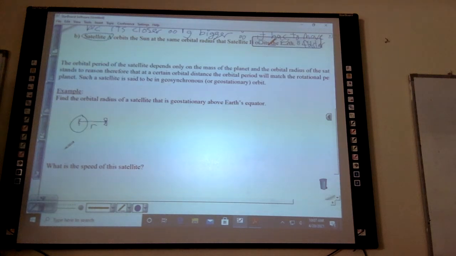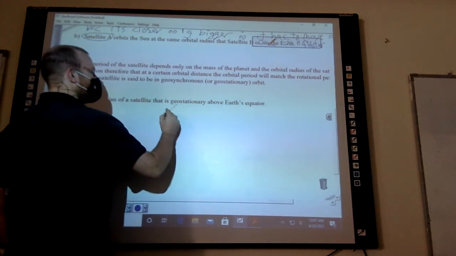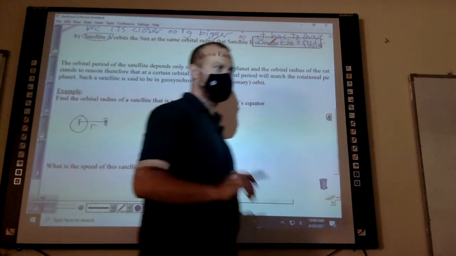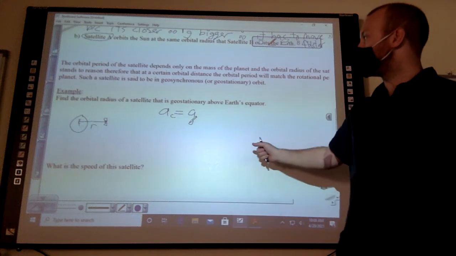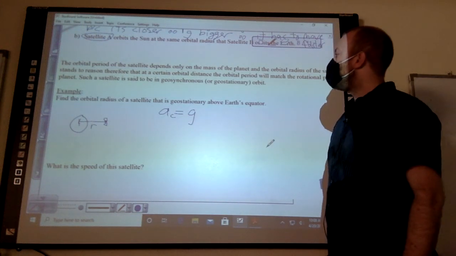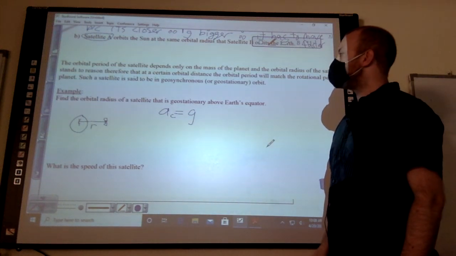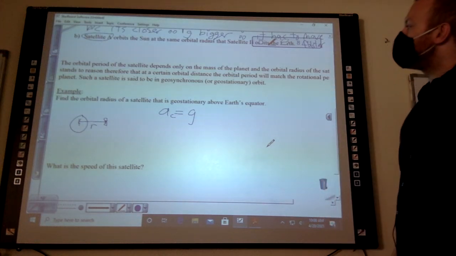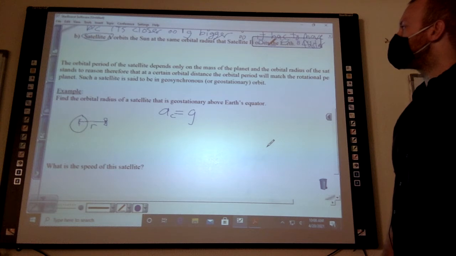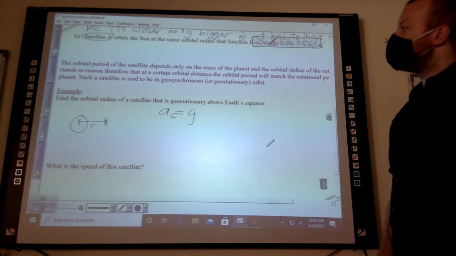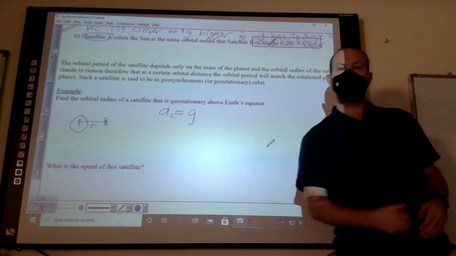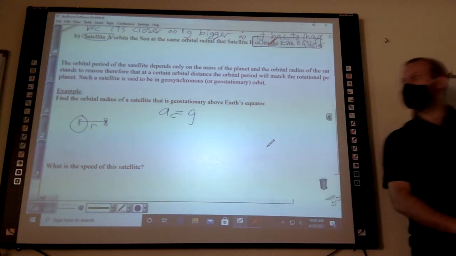We know nothing about the satellite, but conveniently we already know for most of these cases we're going to end up with this. So I don't even need to deal with the forces. And I want the radius, so I need to use whichever one is most convenient. Do I use v squared over r, or do I use 4 pi squared r over T squared?